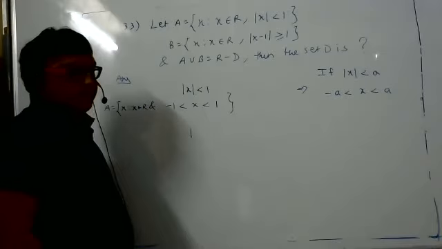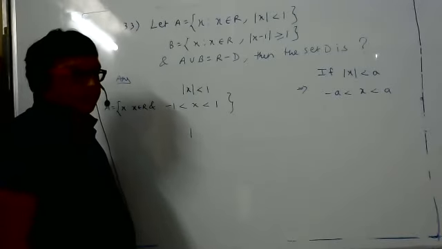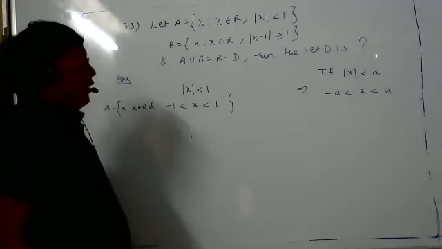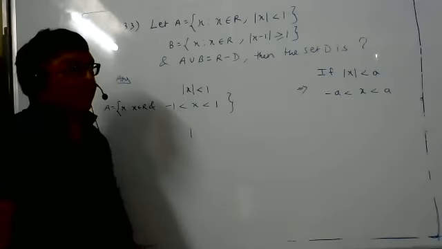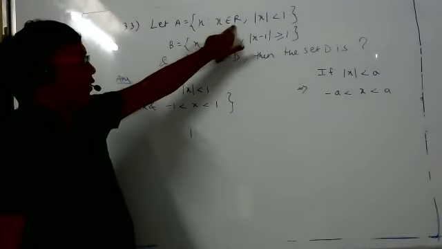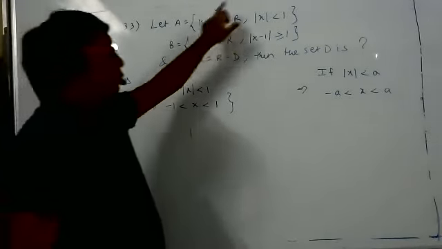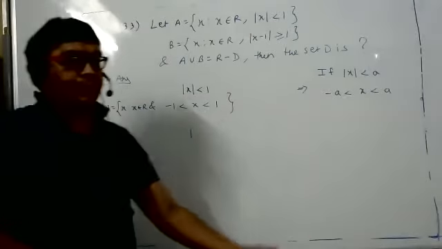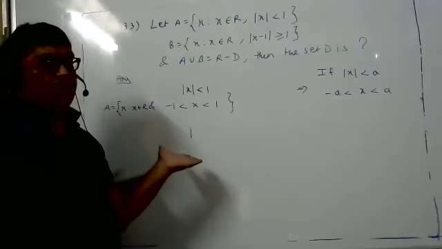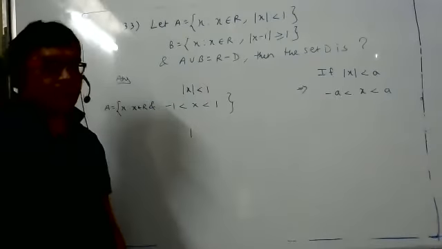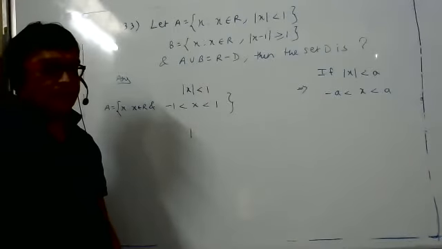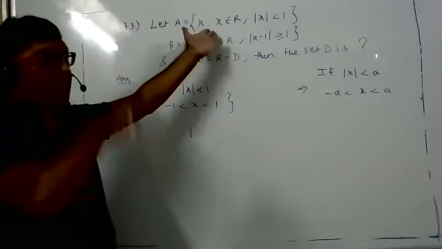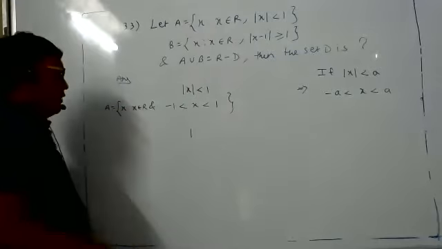They are not saying the value is the set. They are saying all real numbers for which mod is less than 1. So it can be negative also, but the mod is less than 1. Are you understanding or not? Yes sir, I understood. The set is all real numbers such that mod should be less than 1. So yeah, it is okay.